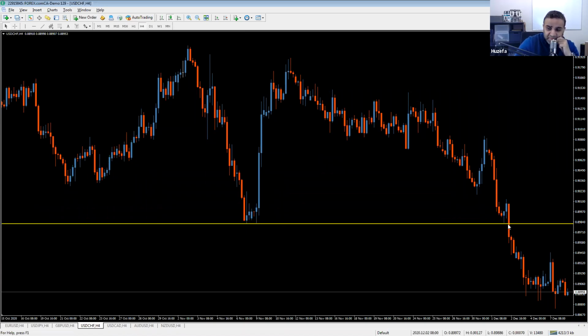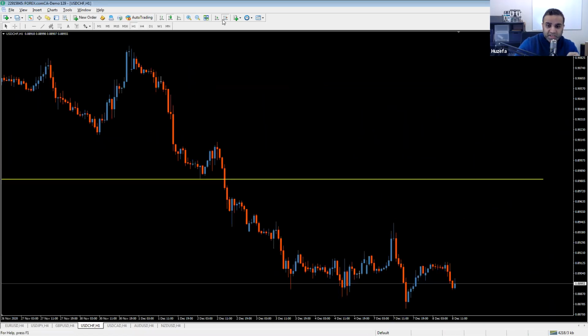And then when it came down to it, surprisingly to me, because I thought that support would hold, it moved down pretty swiftly through that support. So that support is now gone. There isn't support for a while on the dollar Swiss. This is dollar Swiss franc. So I'm bearish dollar Swiss, and this is in line with where the dollar index is going as well. Let's go down to the hour, and you can see it pretty clearly.